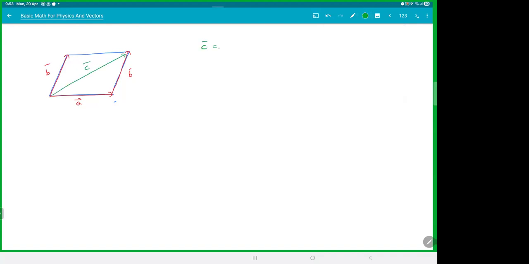So if C bar is A bar plus B bar, that's the resultant vector, then the mod C bar or mod A plus B bar is given by root over A square plus B square plus 2AB cos theta. So if I know the two sides A and B, and the angle between them, I can find the resultant.